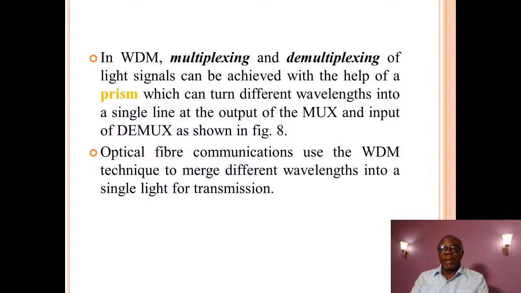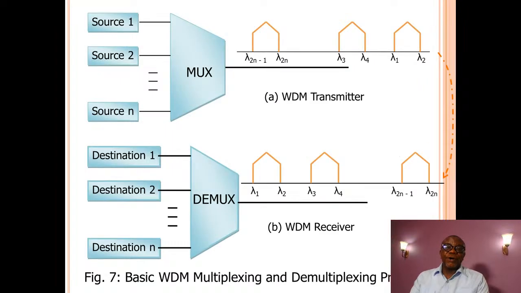Also, optical fiber communications make use of this WDM to merge different wavelengths into a single light for transmission. If you recall in your physics, you talk of how to use a prism to direct your light to where you want. So we have here two figures.